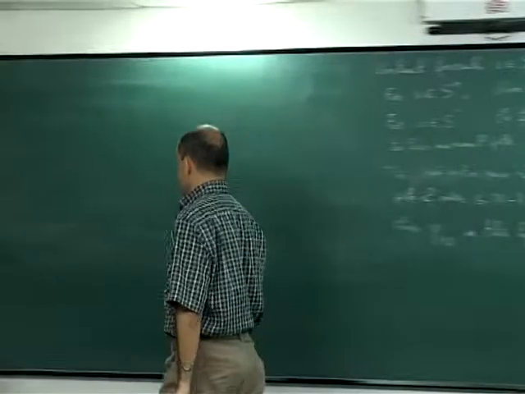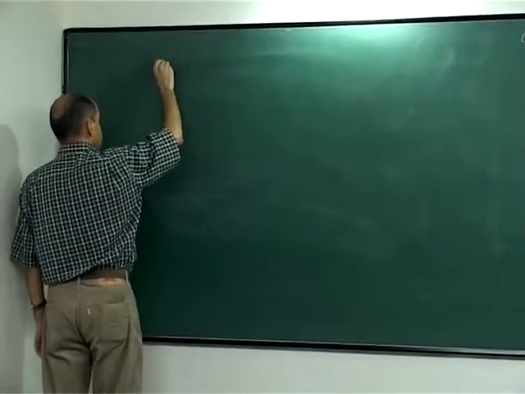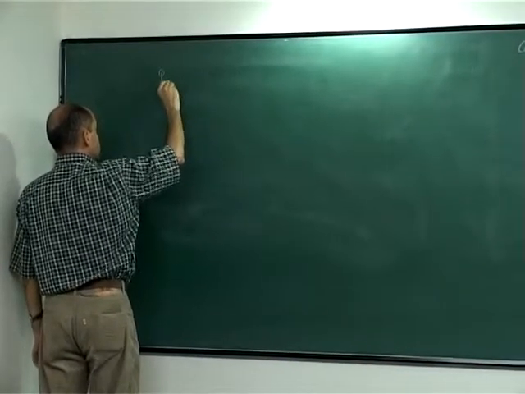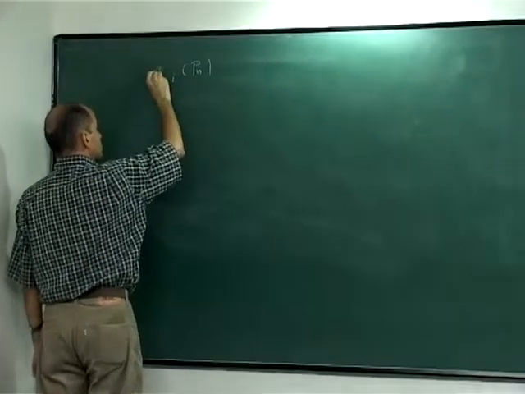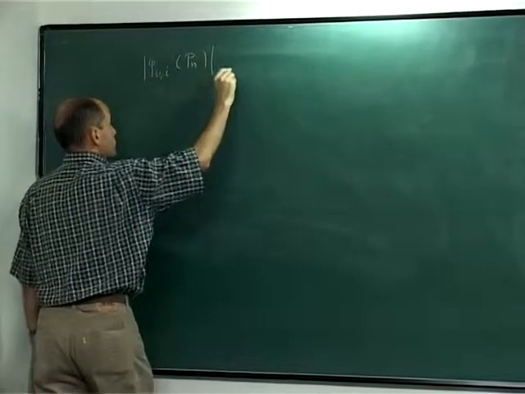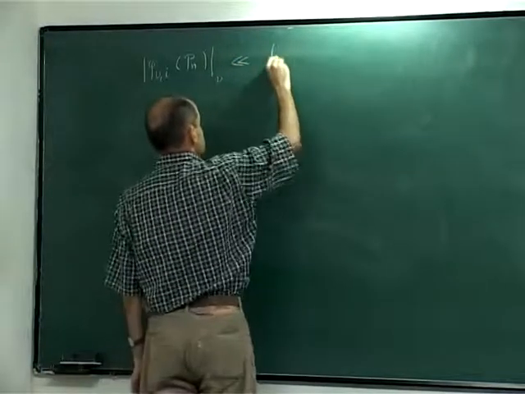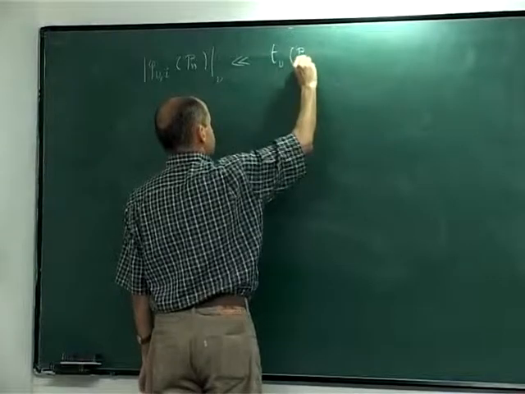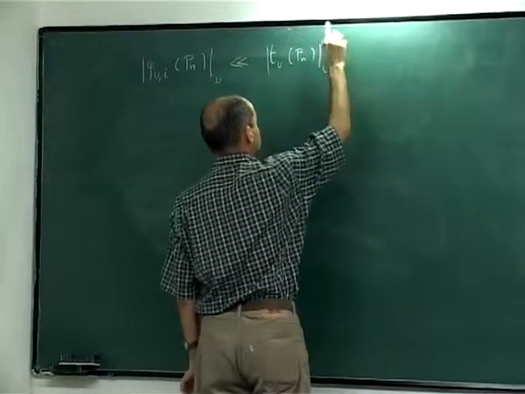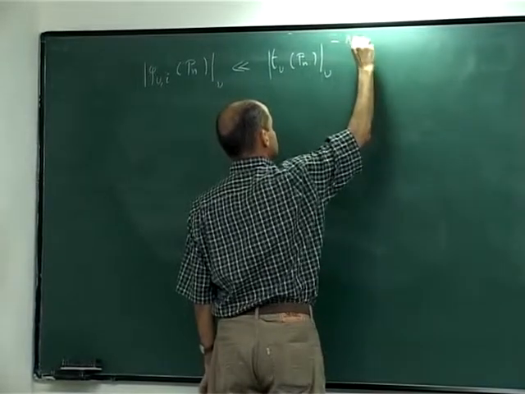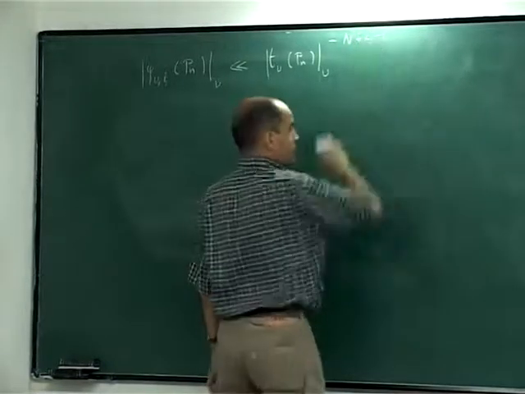And more precisely, since phi nu I of Pn will be bounded by what? By T nu of Pn to minus the order of pole, which is minus n plus I minus 1, I think.